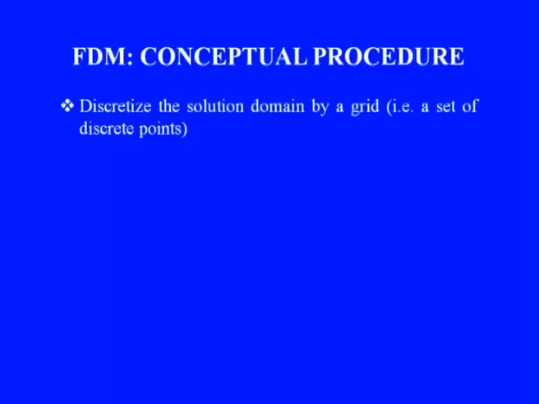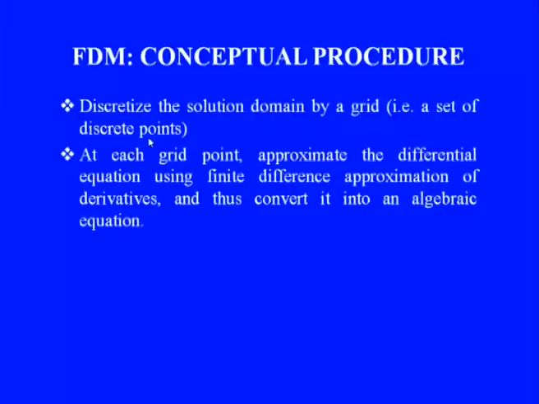So, the first thing which we say is discretize the solution domain by a grid, that is, our continuum problem is represented by a set of discrete points which we will call nodes. We will elaborate on this point a little later. And next, at each grid point we approximate the differential equation using finite difference approximation of derivatives. Use of this finite difference approximation for the derivatives converts our partial differential equation into an algebraic equation at each grid point.